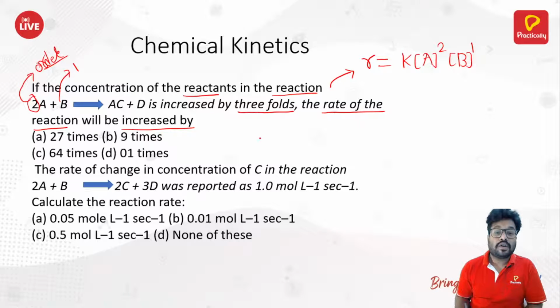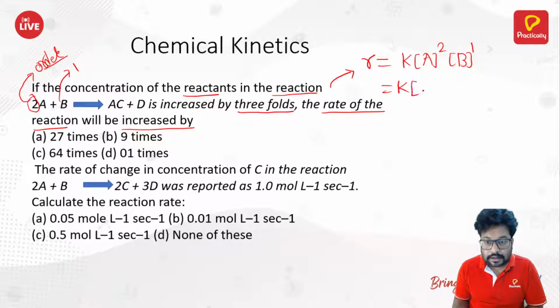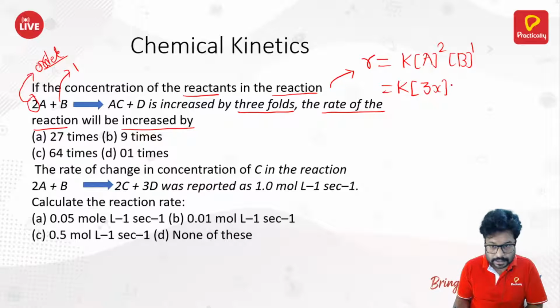Now they're saying the concentration of reactants in the reaction is increased by 3 folds. Now 3 fold means what? If the initial concentration of A is x and B is y, then 3-fold means A becomes 3x and B becomes 3y.